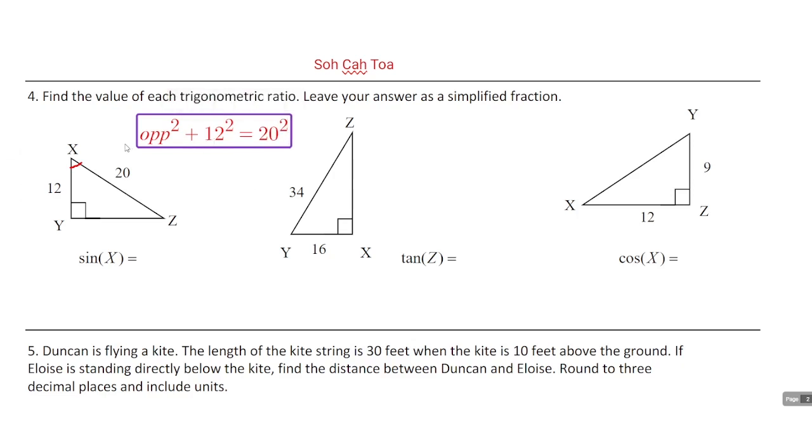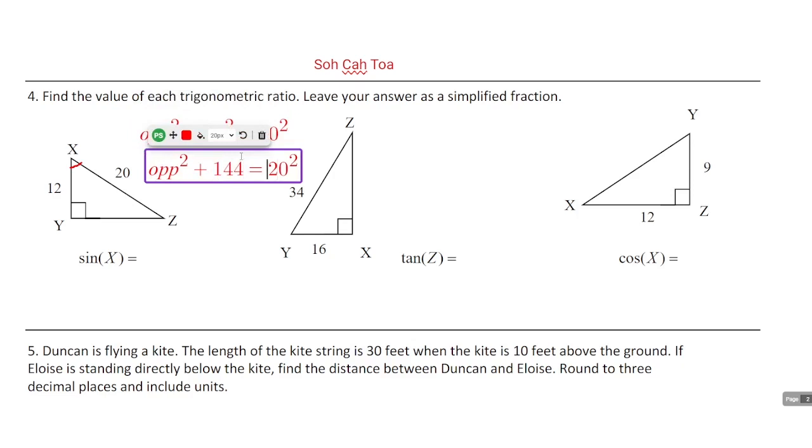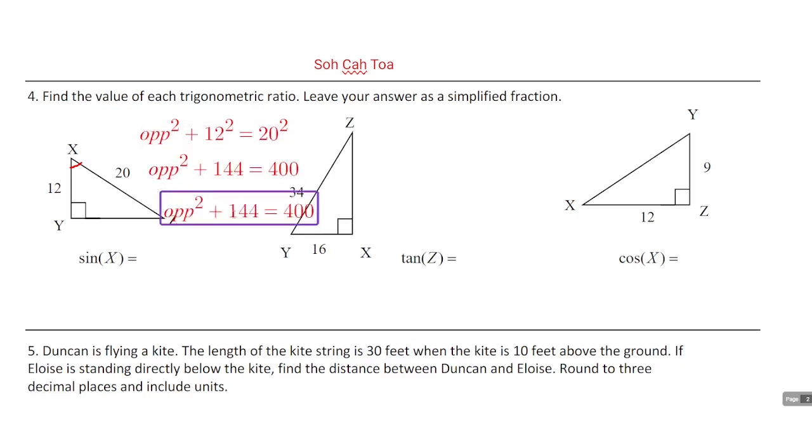So 20 squared is 400. 12 squared is 144. Then if I subtract 144 from both sides, 400 minus 144 is going to be 256. So the opposite side squared is going to equal 256.